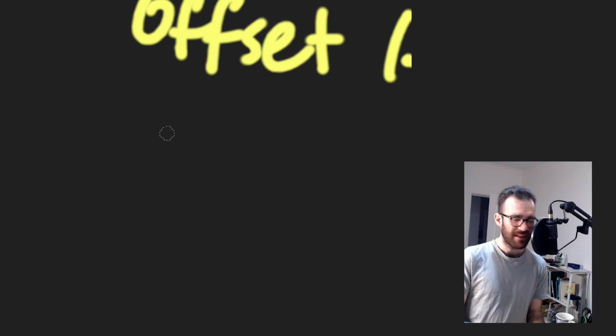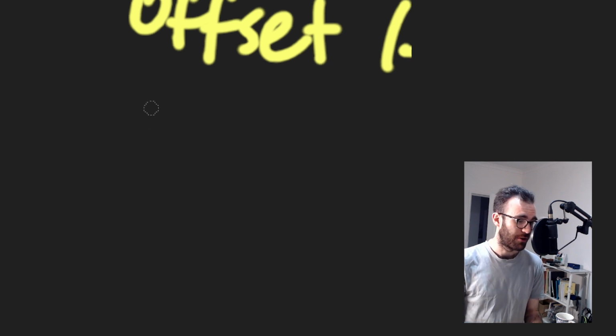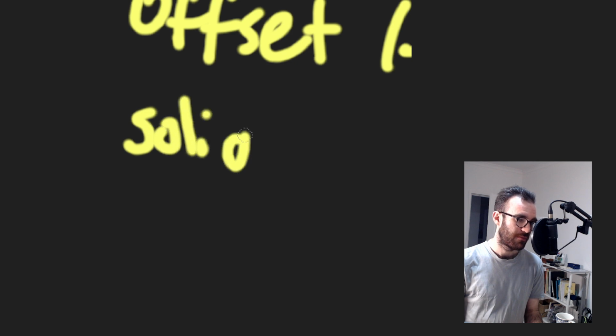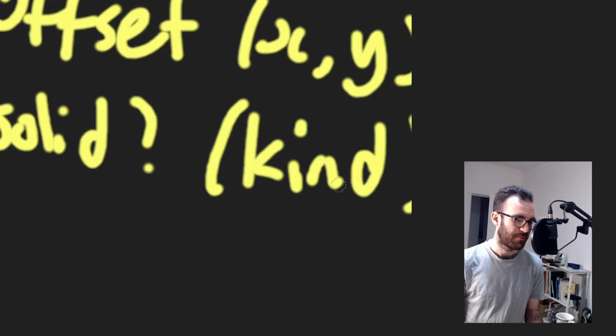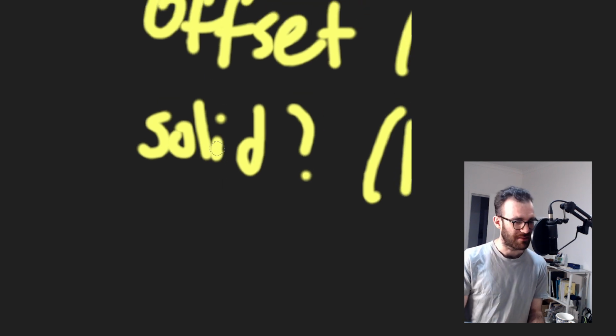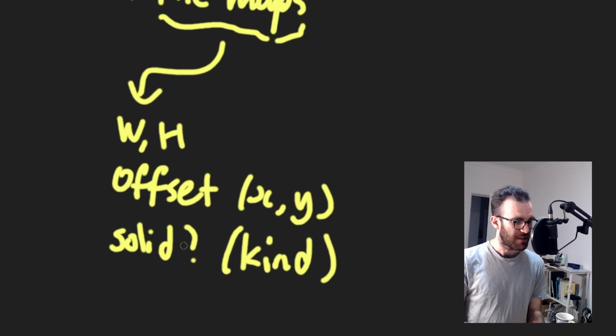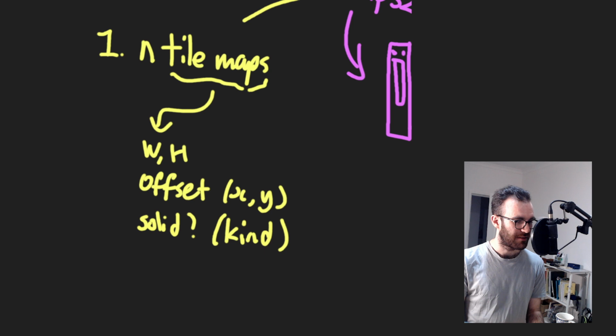It has a collision flag, I guess, because a collision tile map is different than a decorative tile map. So solid. Maybe we'll call this kind, or the type. I like kind better because type can sometimes be a reserved word. So is it solid, which is kind of what type it is. And then there needs to be some kind of asset ref.